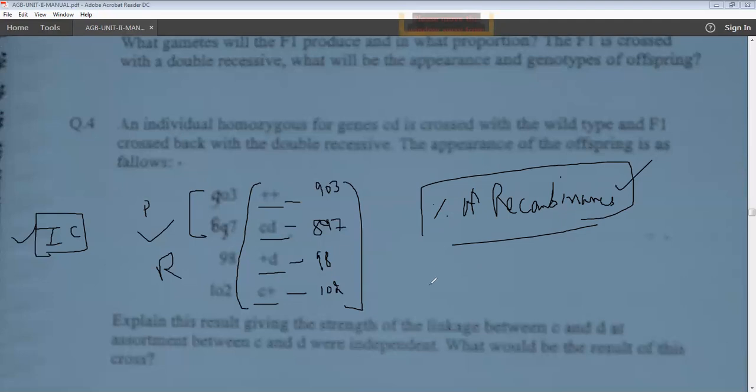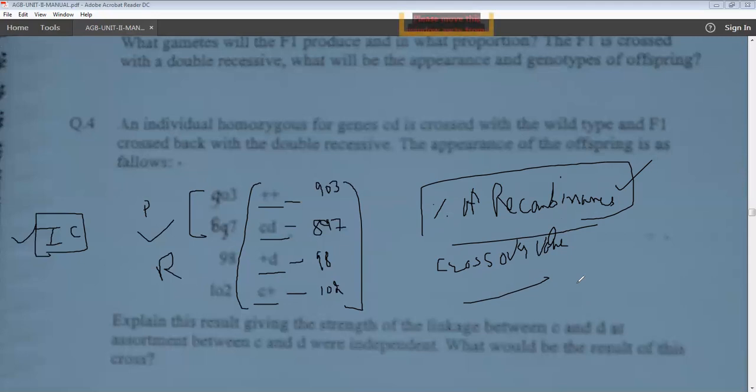This is also known as crossover value. I know this writing is very poor. I'm just trying to write, but you just have to bear with me in this particular situation. It is also known as recombination frequency, known as the distance between the genes.